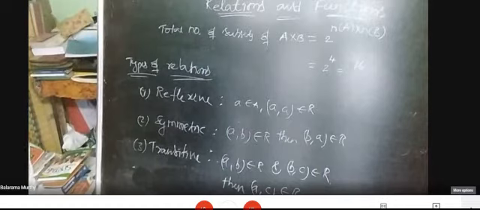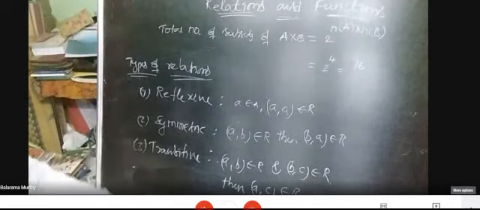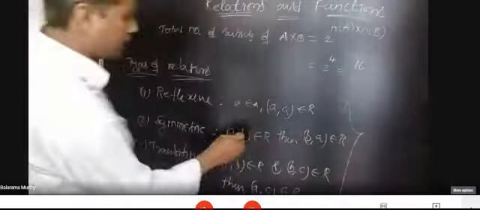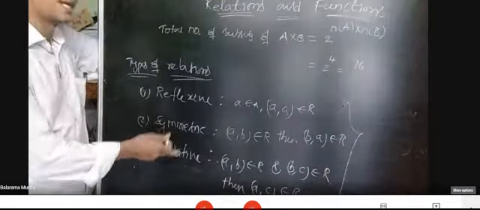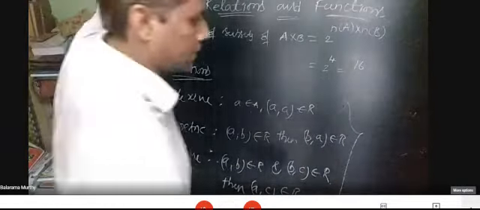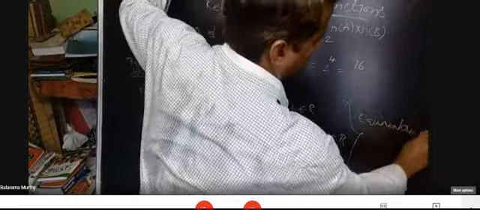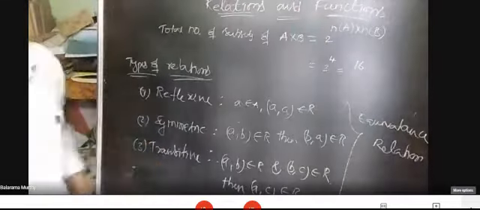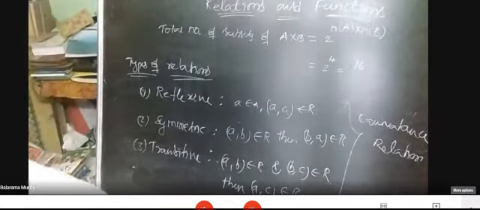So, reflexive, symmetric, and transitive. Now, any relation that satisfies these three is called an equivalence relation.